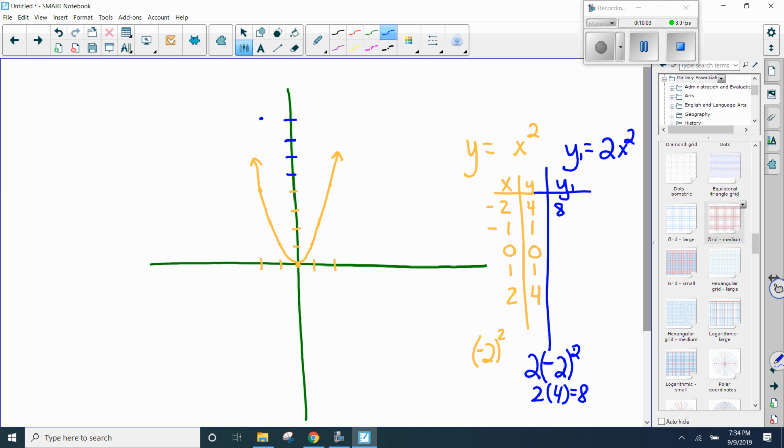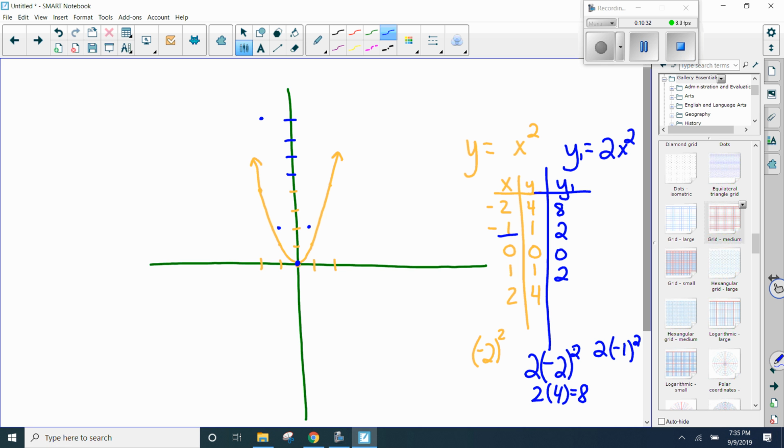Then if you put in -1, so you're going to have 2 times -1 squared. -1 squared is 1 times 2 is 2. So instead of having the coordinate point -1, 1, you get the point -1, 2. 0 is still going to be 0. If you put 1 in, 1 squared is 1 times 2 is 2. So now you have the coordinate point 1, 2. So I go x is 1, y is 2.